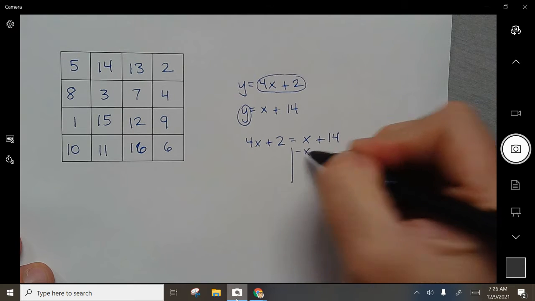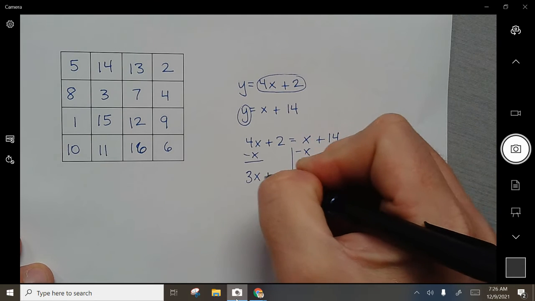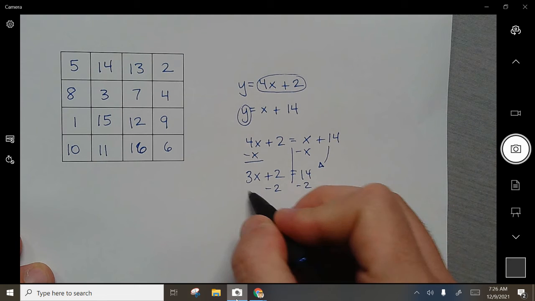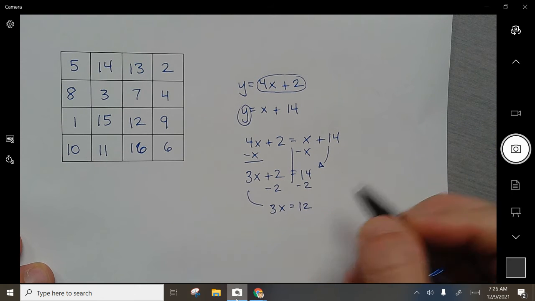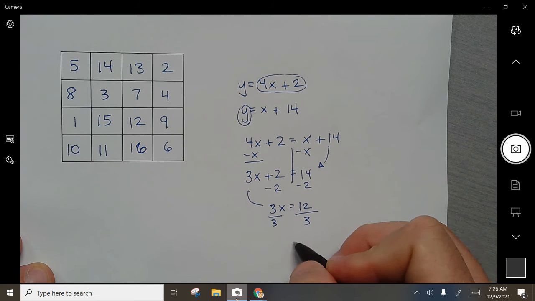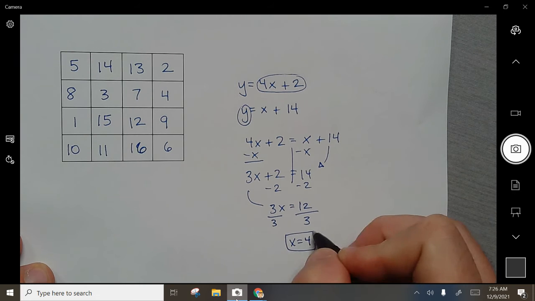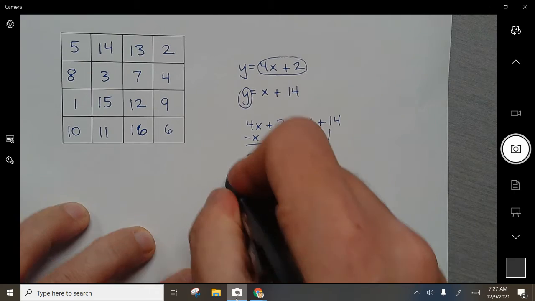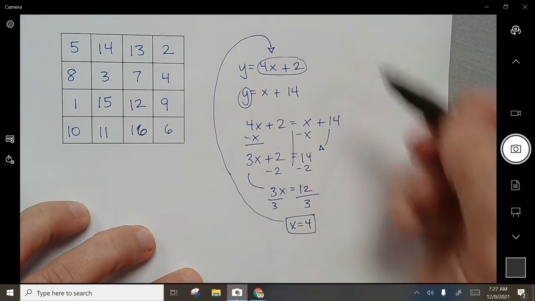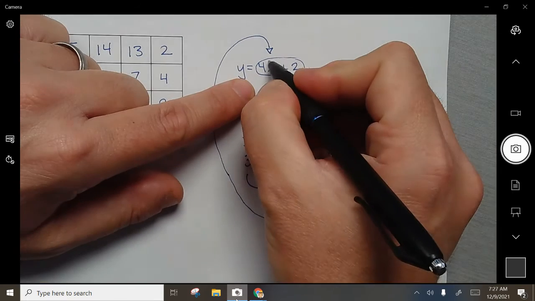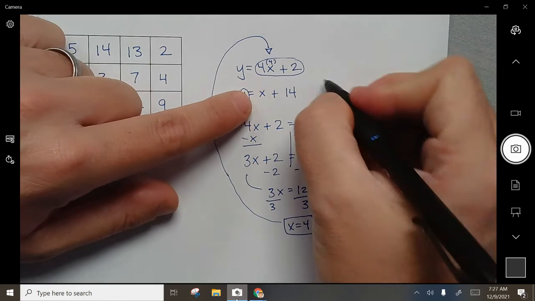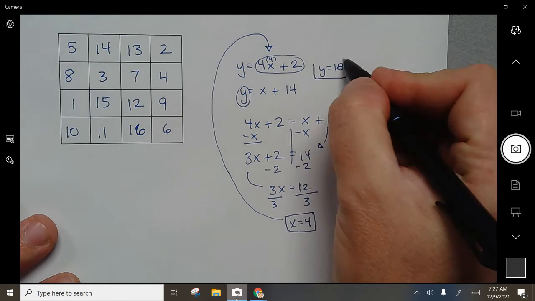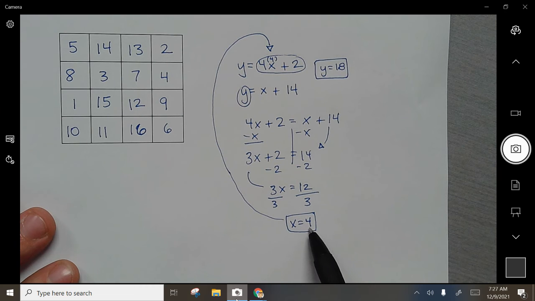Letters to the left. Constants to the right. X equals 4. If x equals 4, let's plug it back in. 4 times 4 is 16. 16 plus 2 is 18. All right, 4. Let's take 4 and cross out 4.